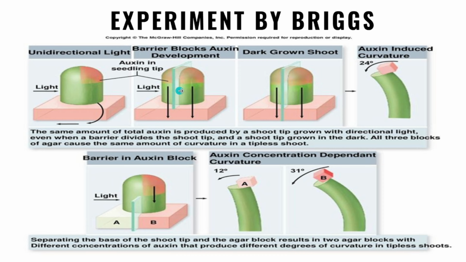The same amount of auxin is produced by the shoot tip in the direction of light, even when a barrier divides the shoot tip. And the shoot tip is grown in the dark, and all three blocks of agar cause the same amount of curvature. So you can see that even though they use three different agar blocks, the curvature is still the same.